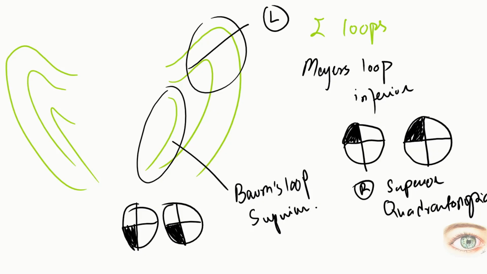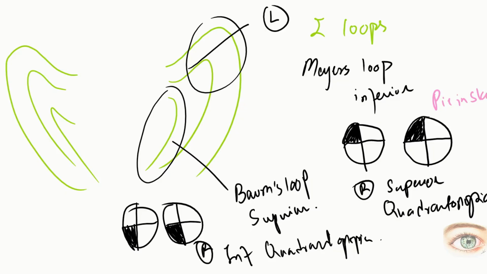So we're going to document it as right inferior quadrantanopia, right? We also call it a pie in the sky and a pie on the floor, right?